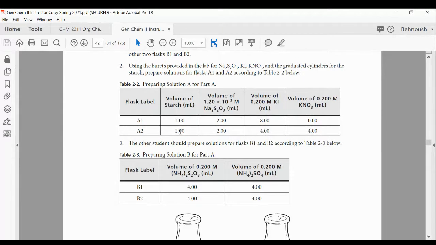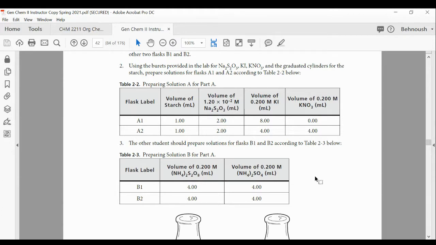For flask 1, you are adding 1 milliliter of starch, 2 milliliters of the S2O3, 8 milliliters of iodide, and 0 milliliters of nitric acid. That's for your flask 1, A1. For flask B1, you're adding 4 milliliters of S2O8 and 4 milliliters of ammonium sulfate.